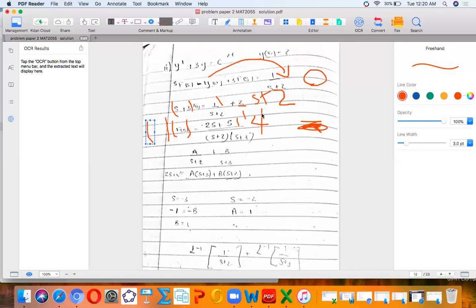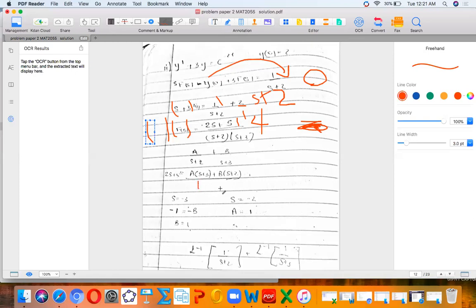Now, we are going to rewrite this 2s plus 5 over s plus 2 and s plus 3 using partial fractions. So you have A over s plus 2 plus B over s plus 3. The LCM, I didn't want to write it because you know what the LCM would be. Like everybody knows, the LCM would be s plus 2 times s plus 3.